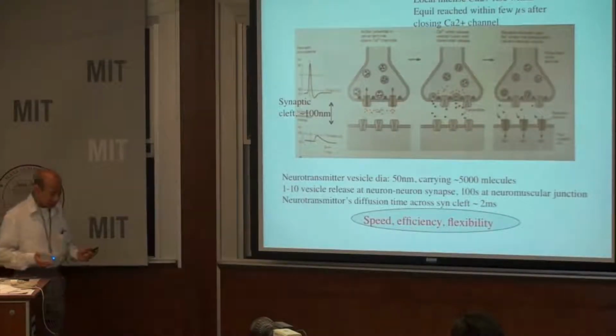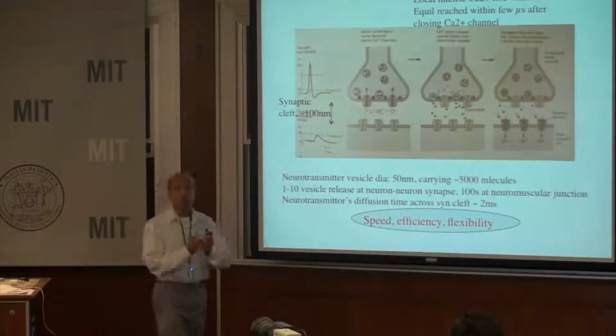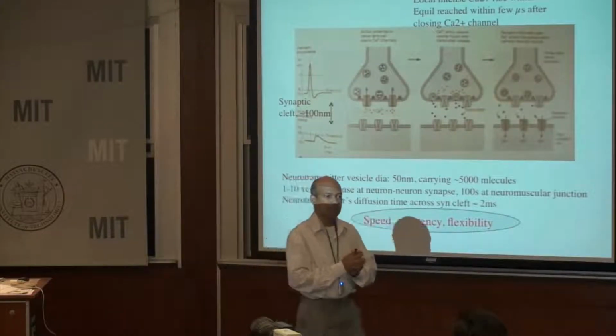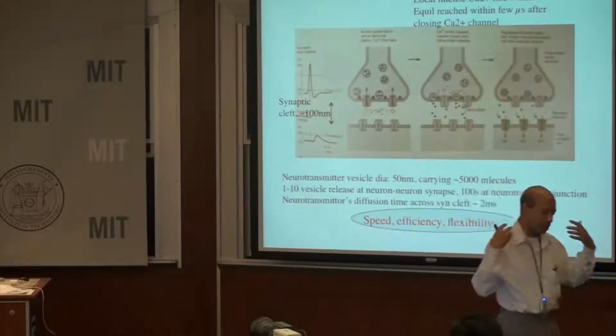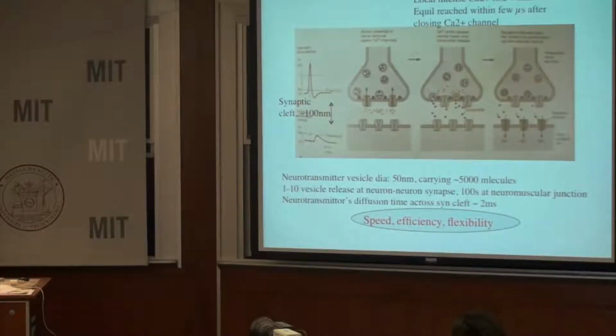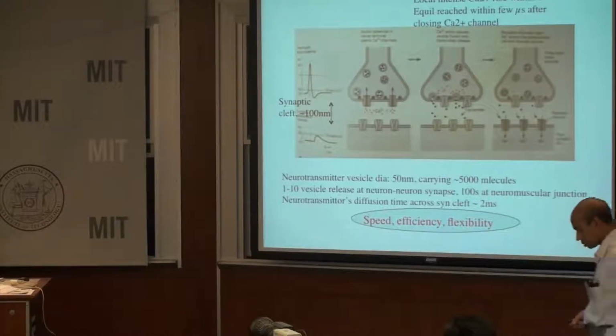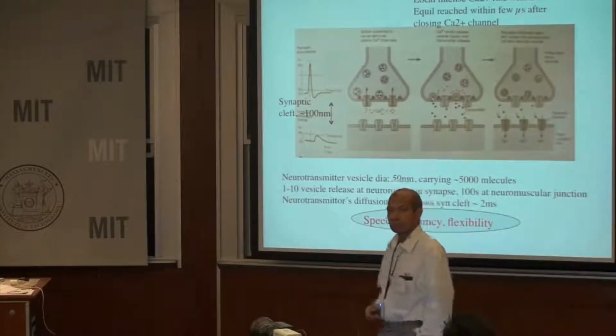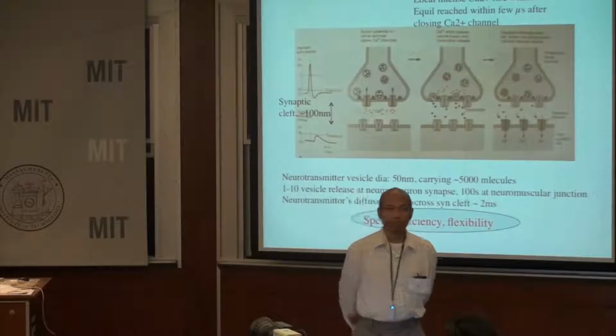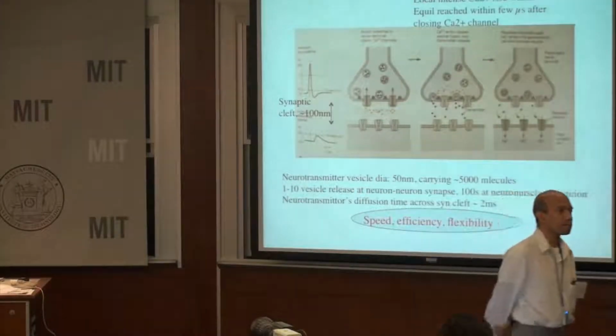So what would happen if these neurotransmitters were not in the vesicles? If nature would produce them in the cell, and they would be distributed all over the axon, and when the action potential comes, they would be released by just creating little holes. What would happen? Why did nature choose these vesicles? Control the concentration of release.